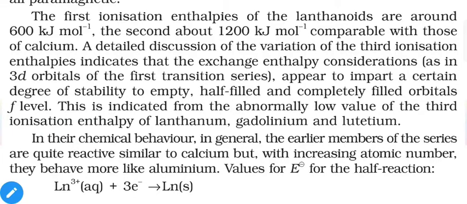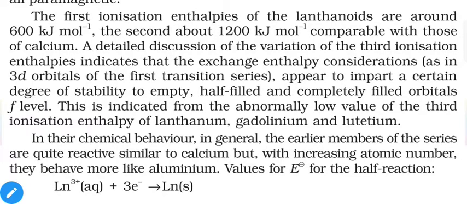So similar to d orbitals, if orbitals are completely filled, half-filled or completely empty, then the normal order of increasing or decreasing enthalpies will change because of the extra stability of the orbitals. This is indicated by the abnormally low value of the third ionization enthalpy of lanthanum, gadolinium and lutetium.